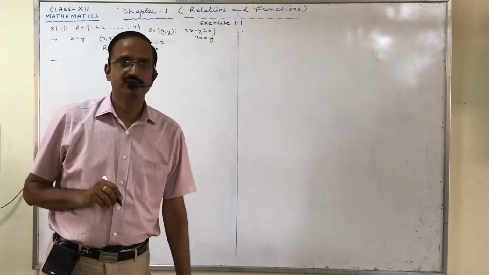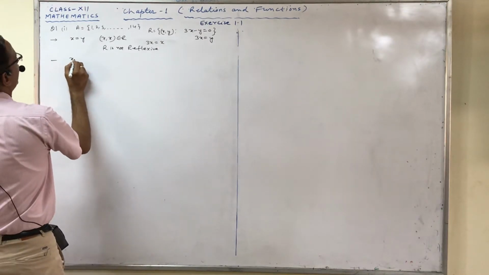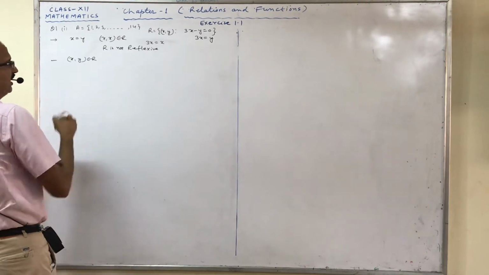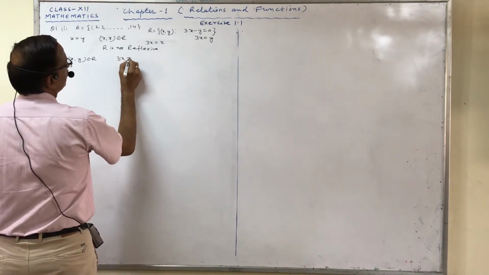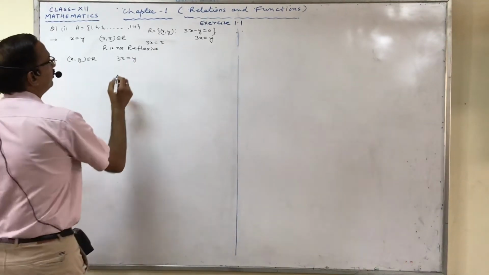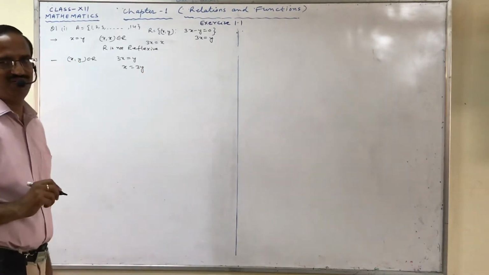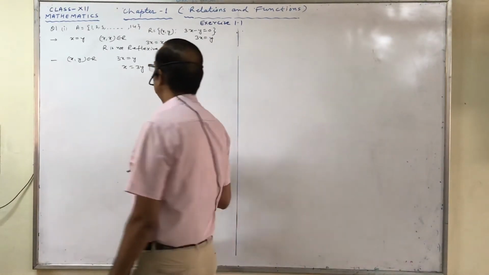Second, we will check whether it is symmetric or not. So suppose (x, y) belongs to R. It means x is related to y. So we can write 3x = y. Now 3x = y, so is x = 3y? No. It is not possible.